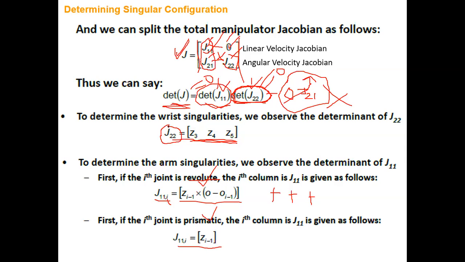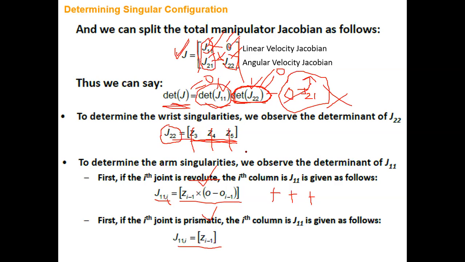You have to find Z3, Z4, and Z5. So Z3 is a column matrix like this. It has 3 rows. This is also a column matrix. Each column has 3 rows, right? So Z3, Z4, Z5 together form a 3 by 3 matrix.